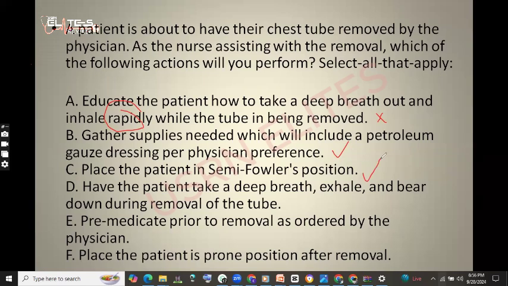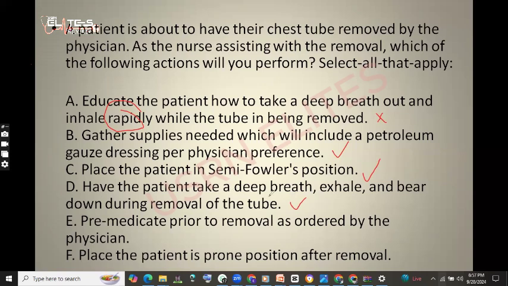Have the patient take a deep breath, exhale, and bear down during removal of the tube. Do you think it's true? Yes. What maneuver is this? Valsalva. Good. If you don't see this explanation and one day you see Valsalva somewhere, it's just that simple.